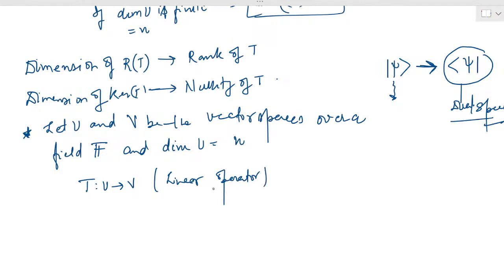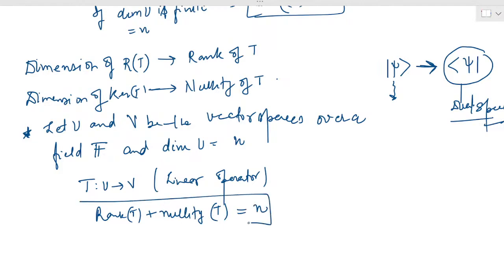Then always remember that the rank of T plus the nullity of T, if I sum them up, is equal to n. This is an important theorem in linear algebra.